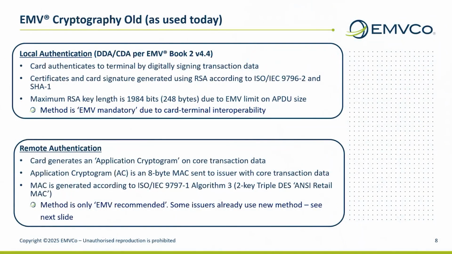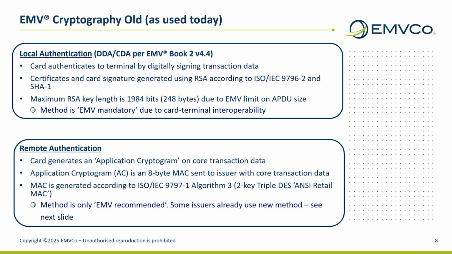I'll begin by describing the old cryptography and the algorithms used for local authentication and remote authentication. Local authentication relies on public key certificates and a card digital signature generated using RSA and SHA-1 according to ISO IEC 9796-2.